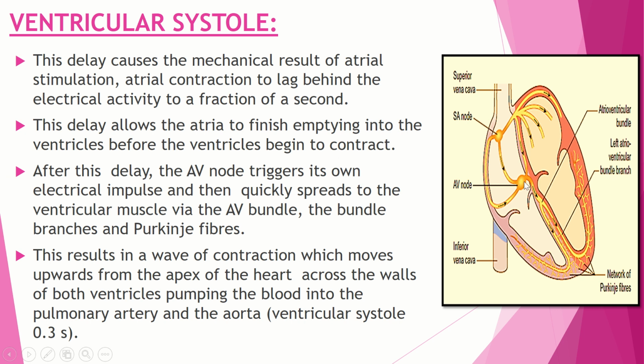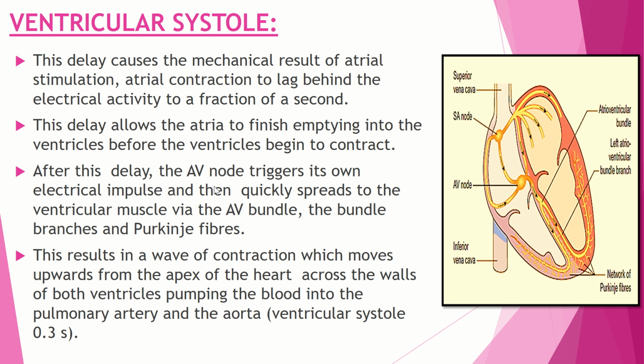So why is this delay there? The blood in the atrium has to be completely emptied and reach the ventricles before the ventricles contract. That's why there is a small delay, allowing all the blood collected here to enter the ventricles.